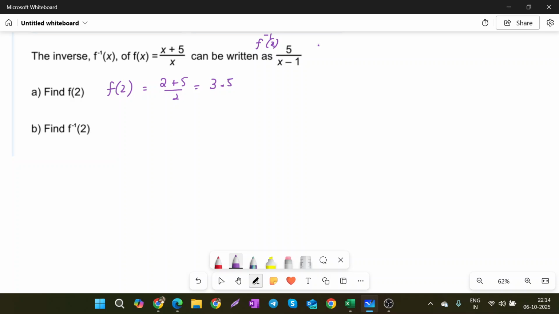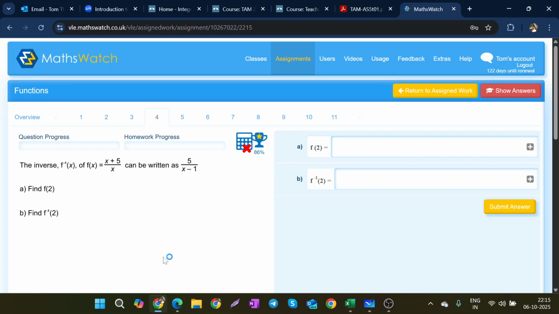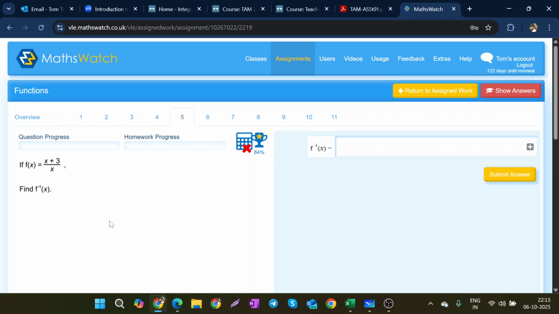And then f inverse of 2 means you're going to replace x with 2 in the f inverse function. So f inverse of 2 would be 5 over 2 minus 1, and then that is equal to 5. So that was genuinely easy.